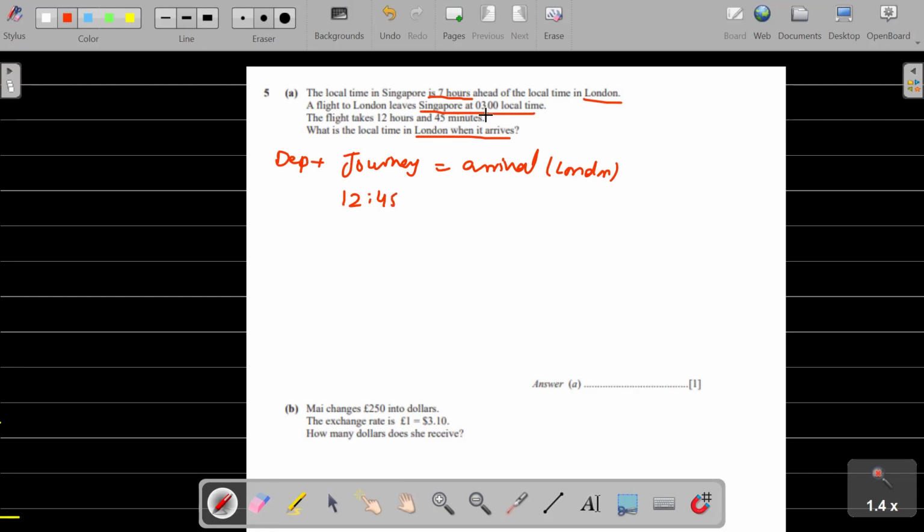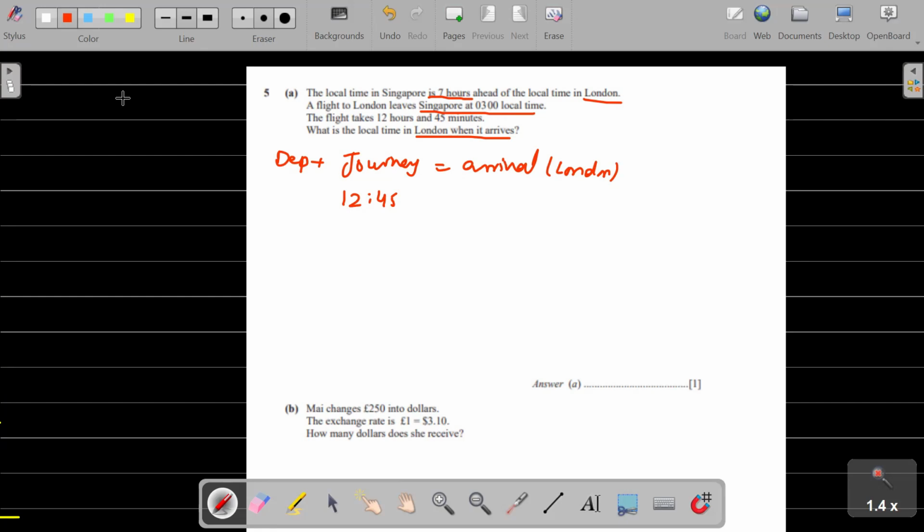You can see that Singapore is ahead of London. How much is it ahead? It is 7 hours ahead. Okay. So if a flight leaves Singapore at 3:00, then London is 7 hours behind Singapore. It means that I need to calculate my departure time for London by subtracting 7 from it.